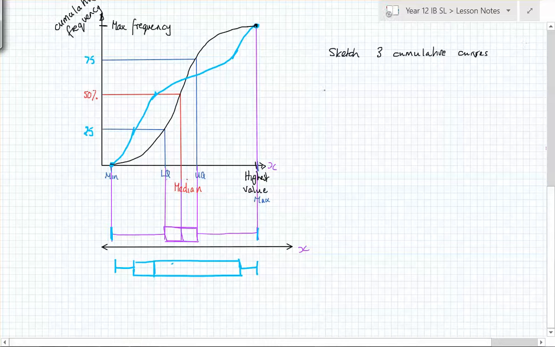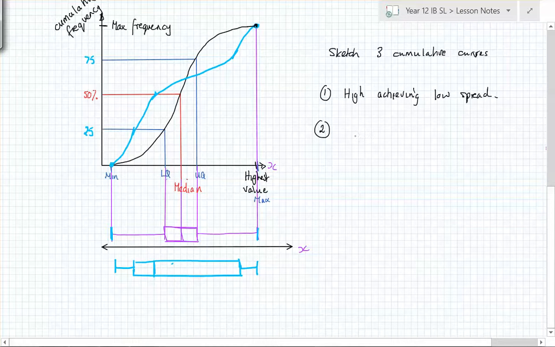Okay, 1. It's about a maths test. High achieving, low spread. So I want a curve that shows me high achieving, low spread. High achieving would be good results. Low spread means not much spread of results.